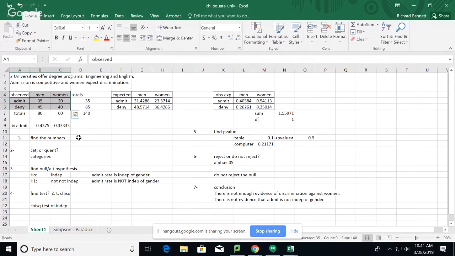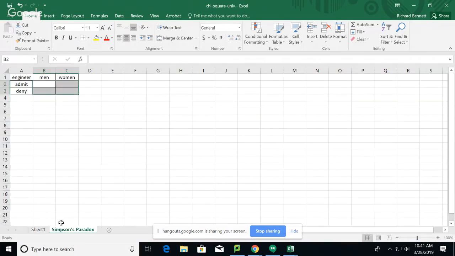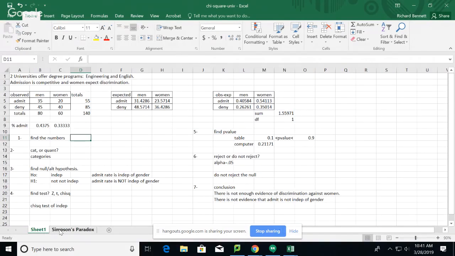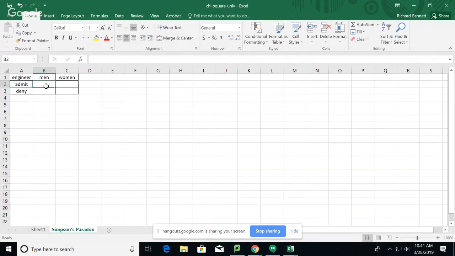Now, in the engineering department, I don't have my notes here, so I can't remember. But I believe there were 30 men admitted, there were 30 men denied, and there were 10 women admitted and 10 women denied. Okay?